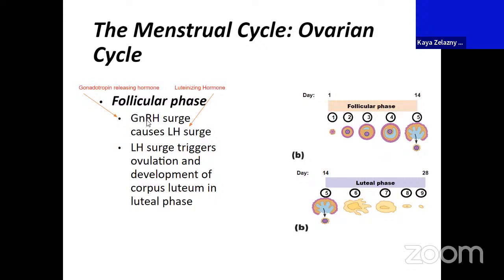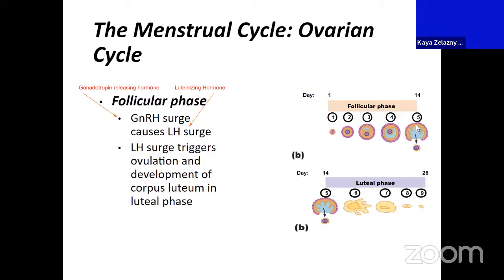And it's going to cause a surge in another hormone called LH, or luteinizing hormone. Okay. So we're going to see a spike in one, spike in the other. And that luteinizing hormone is really the trigger for the ovulation. So luteinizing hormone tells that Graafian follicle, that dominant mature follicle, that it's time to ovulate.